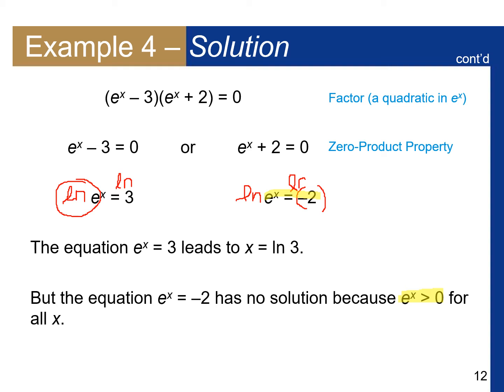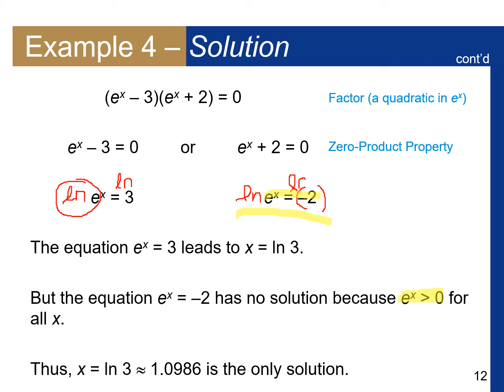Kind of like when you have the absolute value of something equaling a negative and there's no solution, knowing that the range of e to the x has to be bigger than 0, you'll know that this does not exist either. So ln of 3, which is 1.0986, is the only solution.